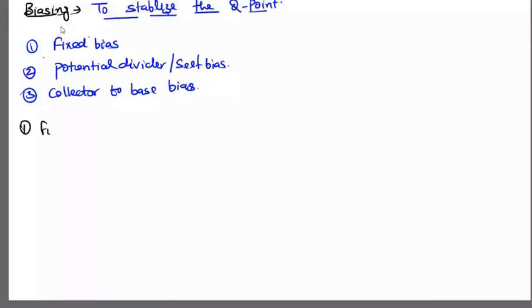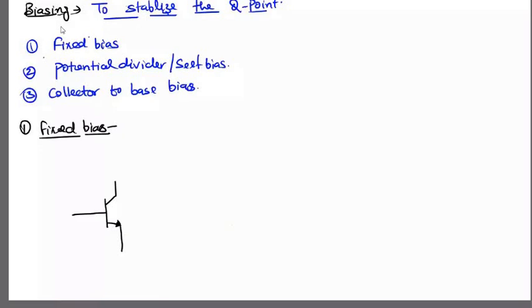What is fixed bias? Suppose I'm going to utilize the common emitter configuration as an amplifier. We know that we will utilize the common emitter configuration in the amplifier, and now we have to stabilize the Q point, so we have to go for biasing.